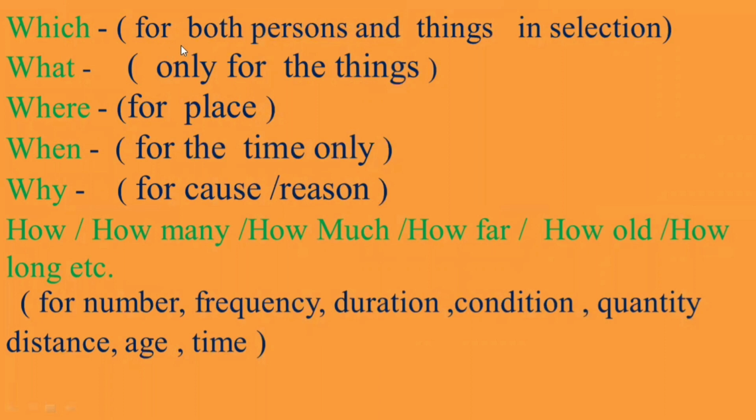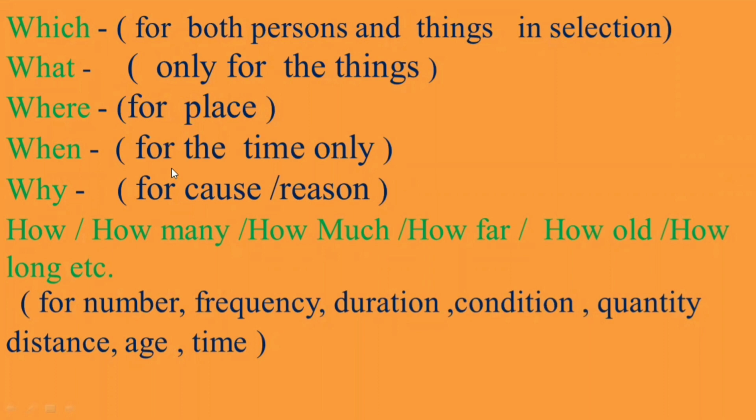If the underlined word indicates a person or thing in selection, then the WH word will be which. If it indicates only things, then the WH word will be what. If it indicates place, then the WH word will be where.